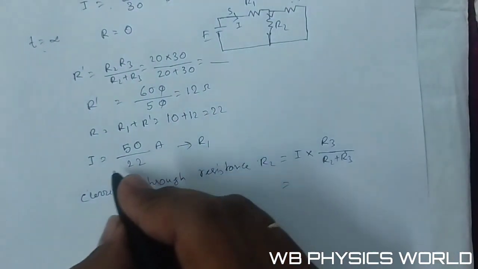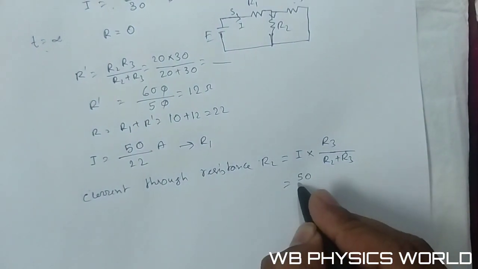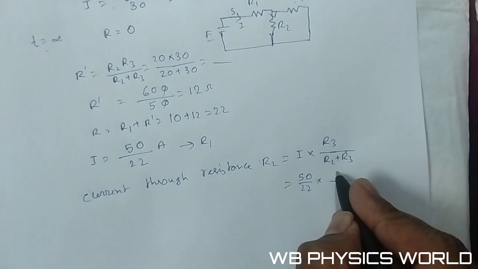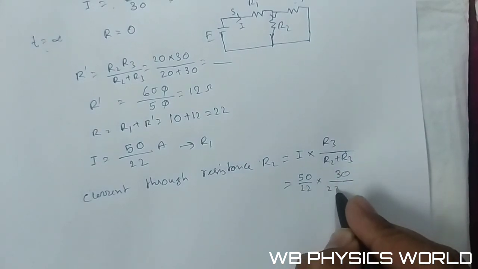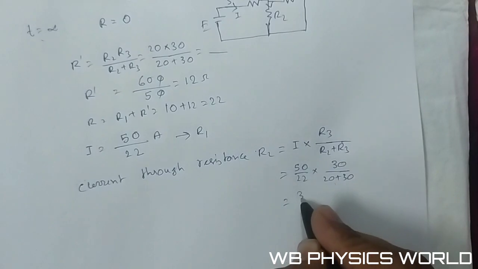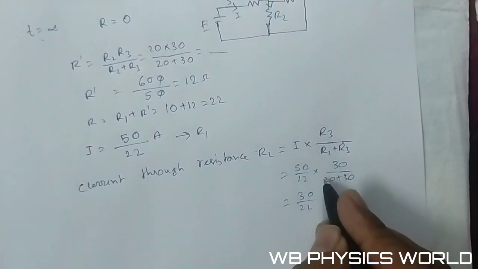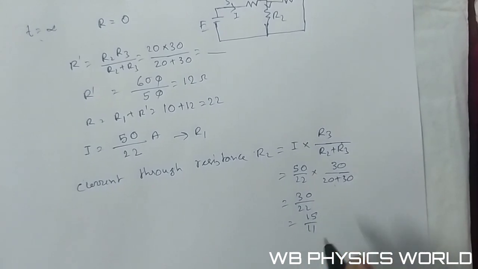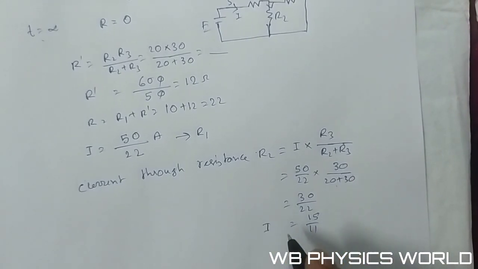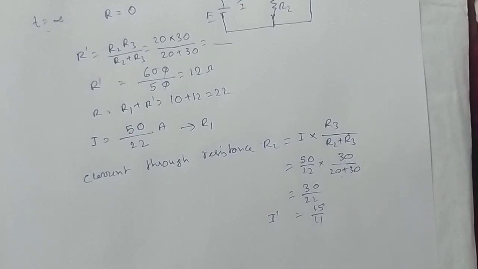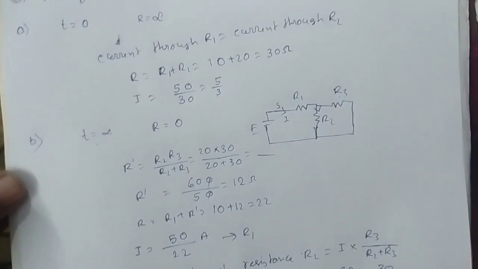Here I is the total current, that is 50 by 22, and R3 is 30, R2 plus R3 is 20 plus 30, that is 30 by 22 after 50 and 50 cancel, so 15 by 11. This is the current through the resistance R2.